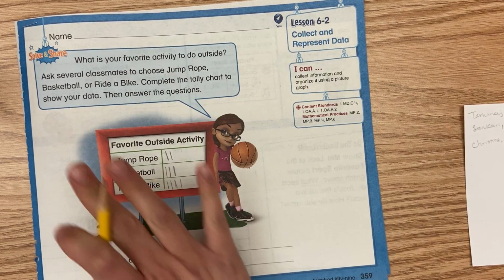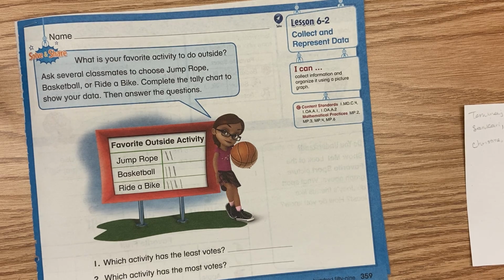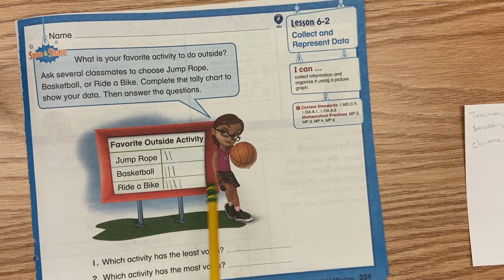Okay, now I asked all of my first grade teachers, and that is what they chose. Okay, I organized my data into the tally chart by using tally marks. Okay, you can use the data that I gathered, or you can ask your family members and collect your own data. Now, based on what data I have, I'm going to answer questions 1 and 2.